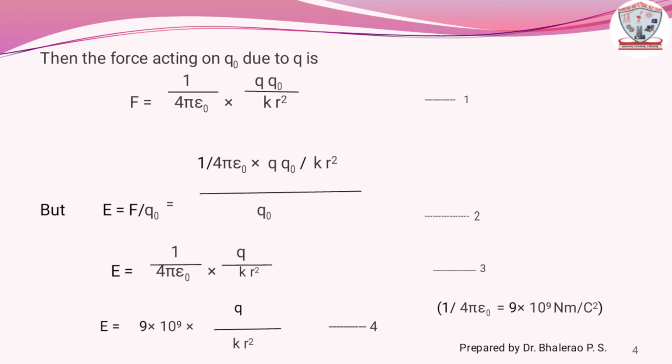Here again in equation 3, the value of 1 upon 4 pi epsilon 0 is calculated, which is equal to 9 into 10 to the power 9, and putting this quantity in equation 3, E is equal to 9 into 10 to the power 9 into Q upon K r square. This is equation 4, and equation 4 represents the expression for electric intensity.